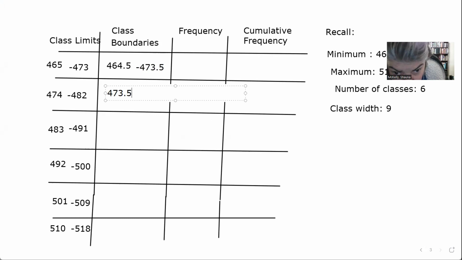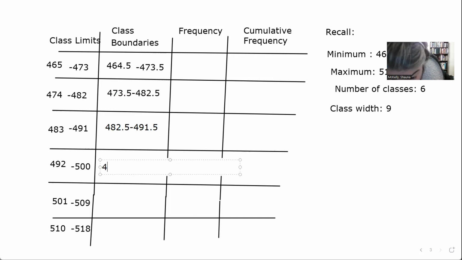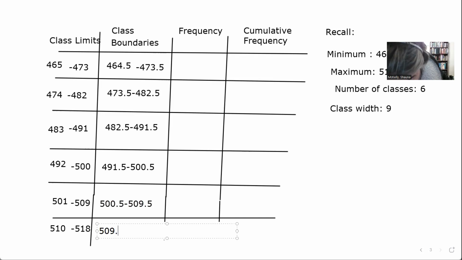So this is 473.5 to 482.5. Then I have 482.5 to 491.5, and 491.5 to 500.5, 500.5 to 509.5, and 509.5 to 518.5.